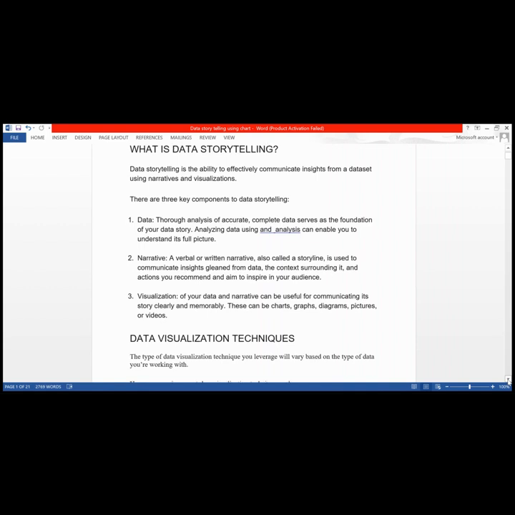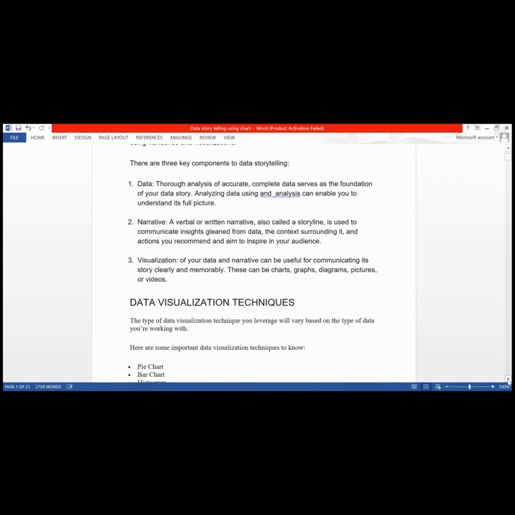The type of visualization tech you use will vary based on the type of data you're working with. Like in my example before, if you're trying to compare sales of different categories, you use bar charts. If you want to show the trend of sales over a period of time, you use a line graph. So all those charts and graphs communicate insights to your audience.